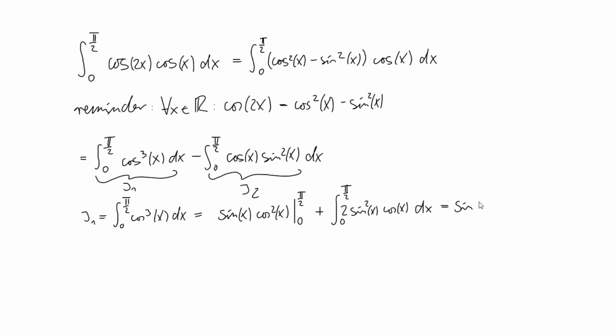So sine of pi over 2 times cosine squared of pi over 2, this is 0. And then we subtract sine of 0 times cosine squared of 0, and here the sine is 0, so this gives us just 0.